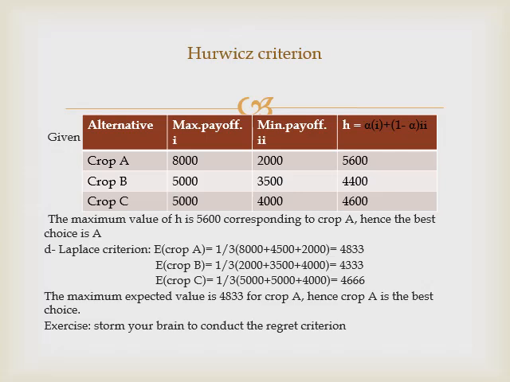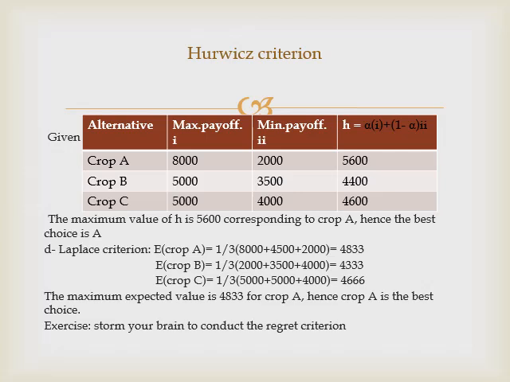For group B it is again 1 over 3 because there are also three states of nature. 1 over 3 should be multiplied by 2000 plus 3500 plus 4000. The result is 4333.